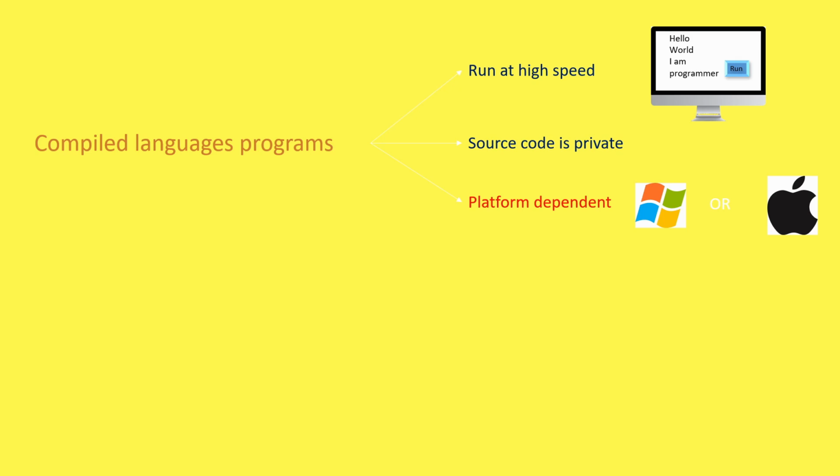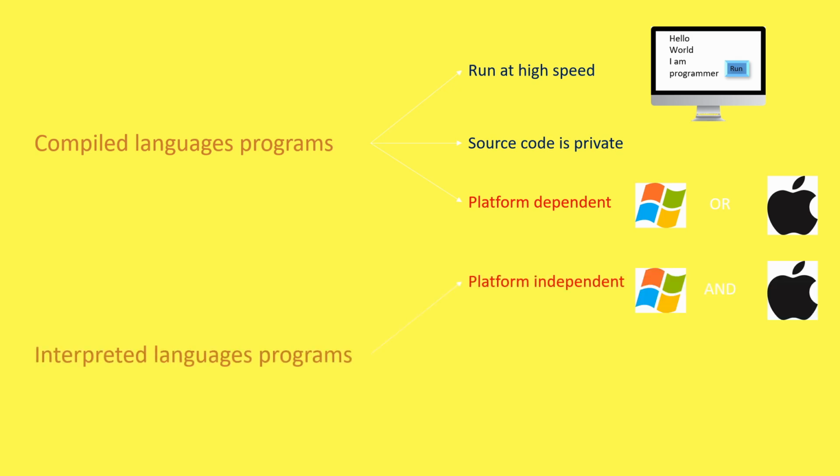But on the other hand, the program written using interpreted languages can run on any platform, since it runs through a program called interpreter, which will interpret to the computer in its own machine code language what's inside that source code file. So now you don't have to care about which platform will run your program, since any platform that has its own interpreter can run your program file.